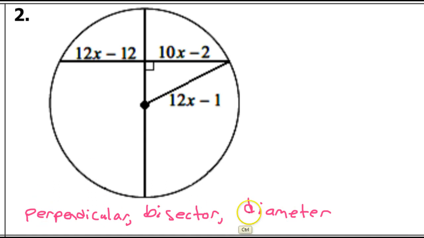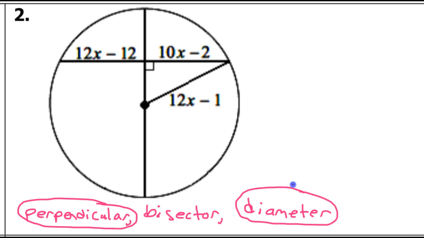So we are given 2 of these things. See the little box there indicating that this is a 90-degree angle. That means that this chord is perpendicular to this chord. So we're given perpendicular. Now, see the dot that they have shown here? That dot represents the center. That means that this chord is the diameter.